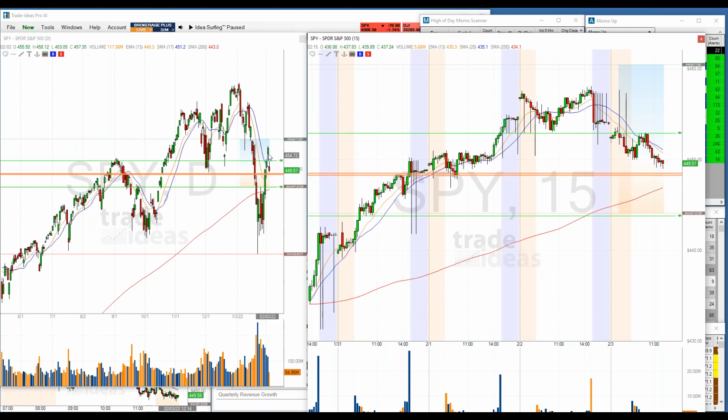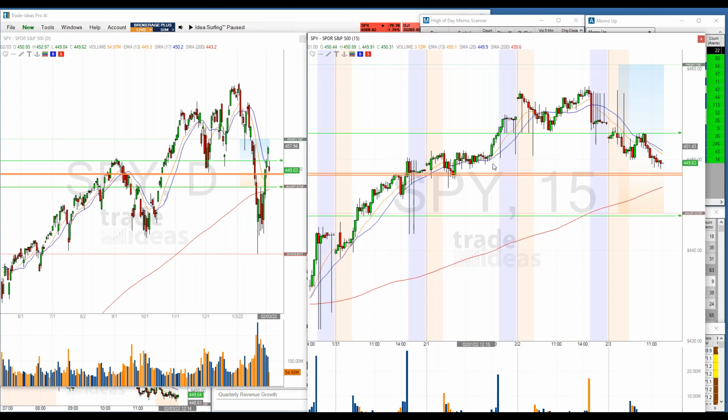So you can see the overall trend was up, the direction was a gap down. And one of the catalysts today was earnings by Facebook, creating fear in the overall market. So that could be counted as a catalyst for the move today.